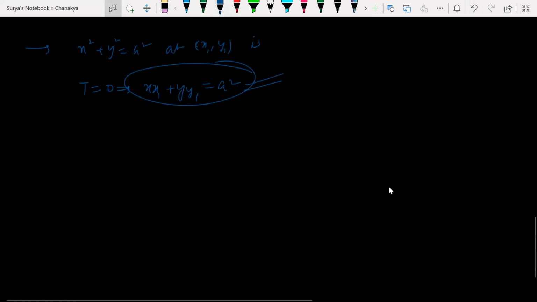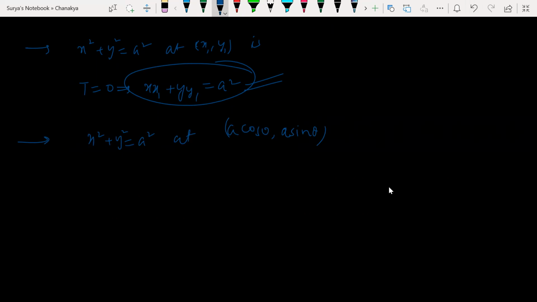If instead of x1 coordinate, y1 coordinate, I have circle x square plus y square is equal to a square, at points a cos theta and a sin theta, what is that?